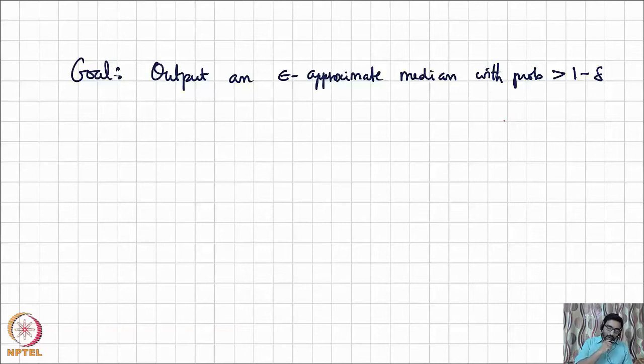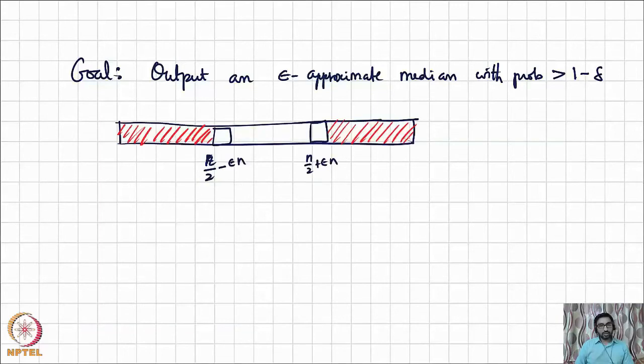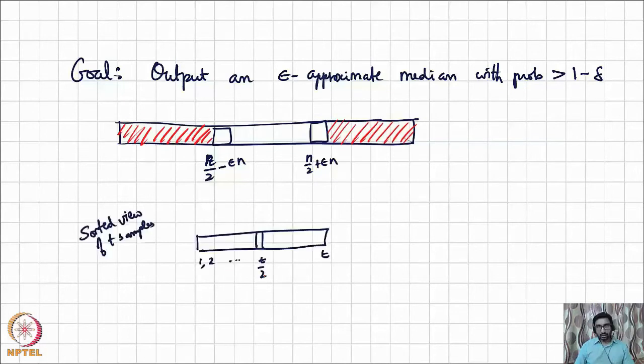So how will this not happen? That's the important question. Let's again look at the sorted view. In this sorted view, we certainly don't want to output an item that is shaded red, because that's falling outside of the acceptable range for an epsilon approximate median.